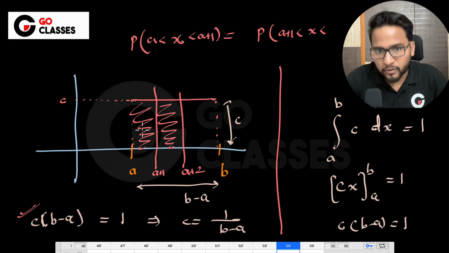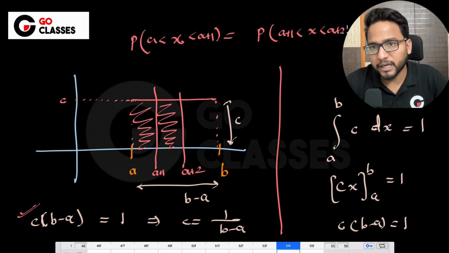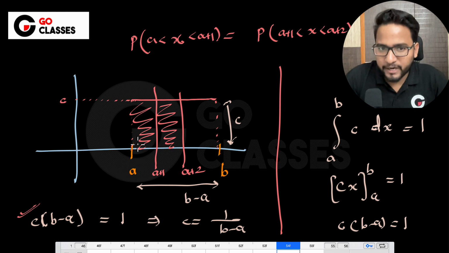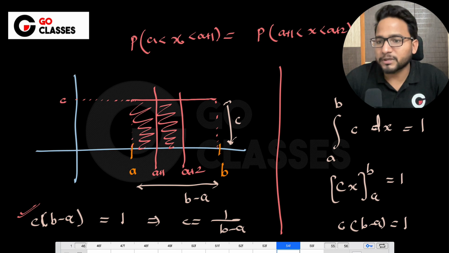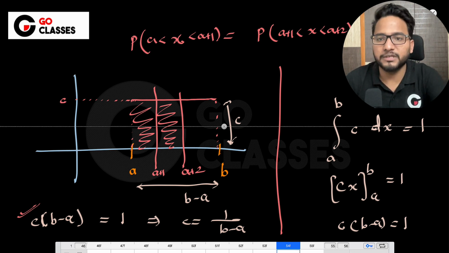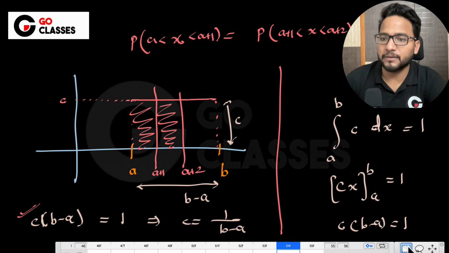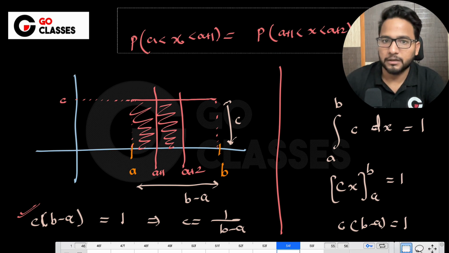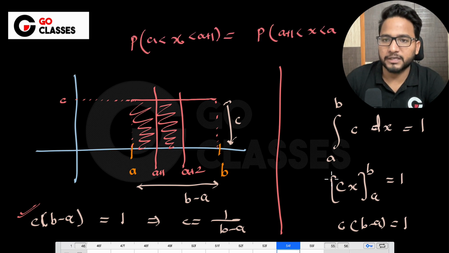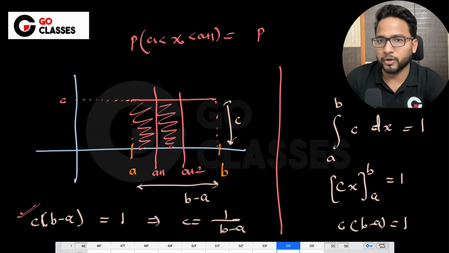In this region, if you take any fragment of the same length, the probabilities will be the same. That's what uniform means. I hope you are now able to recall that uniform means the probabilities are the same for the same length in this region.